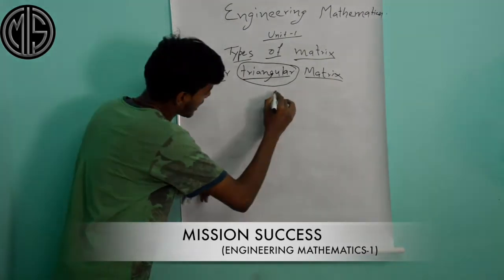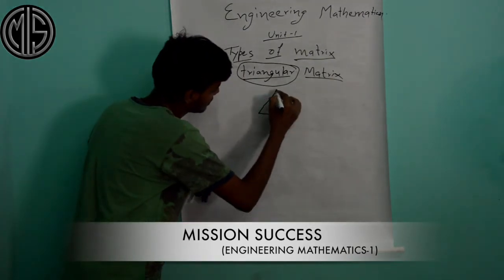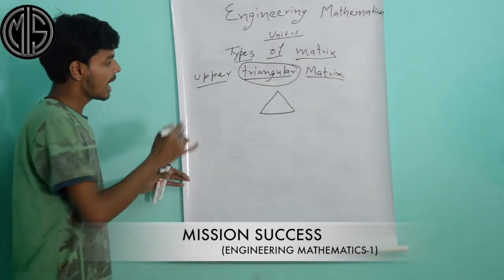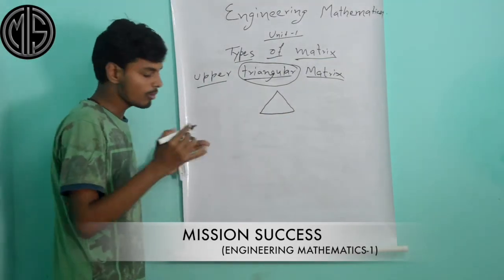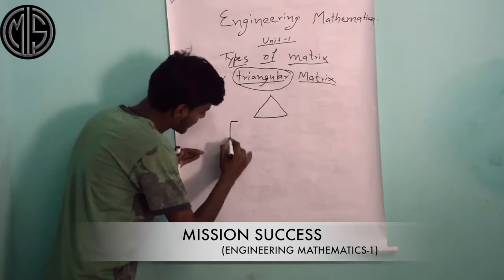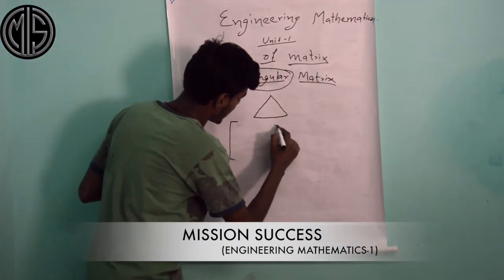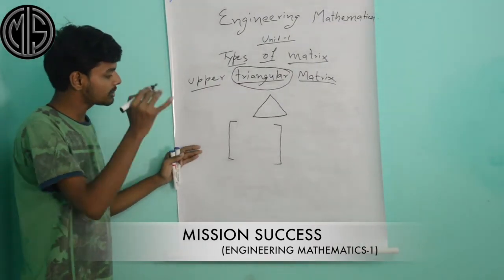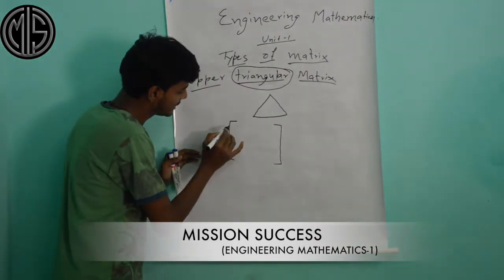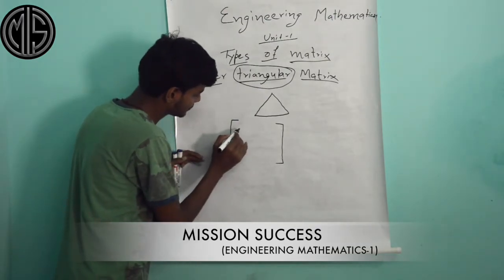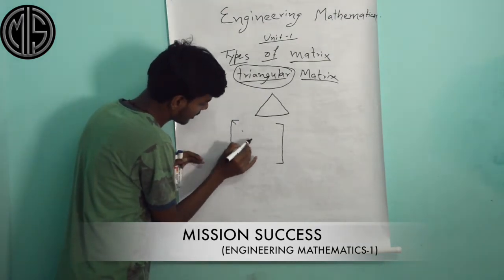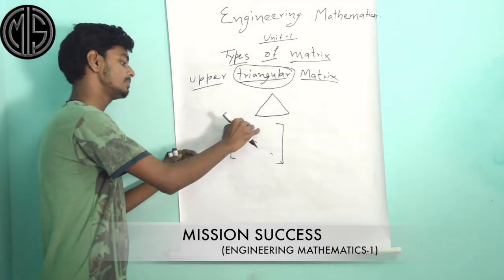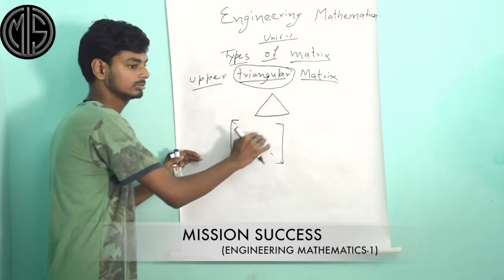Means triangle. Upper triangular matrix. How does the matrix look like? Matrix looks like this. And upper triangular means the matrix where elements are present above the diagonal.